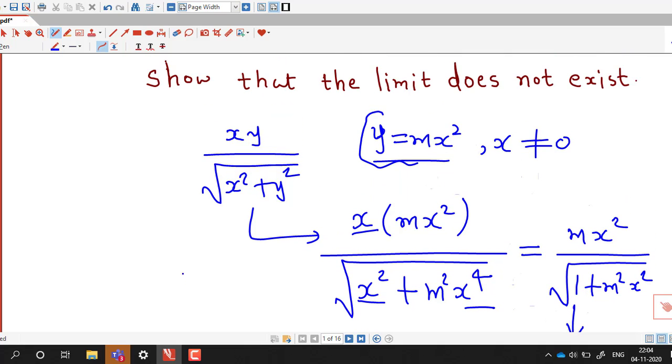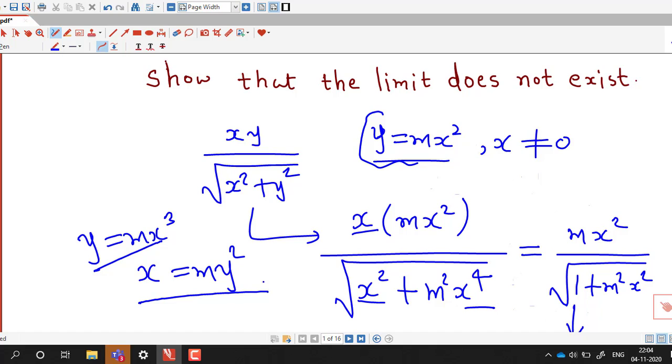Similarly, if we try for different paths like x equal to my square or y equal to mx cube, you can try along these different paths, and you will see that we are getting limit as 0 along all these possible paths.